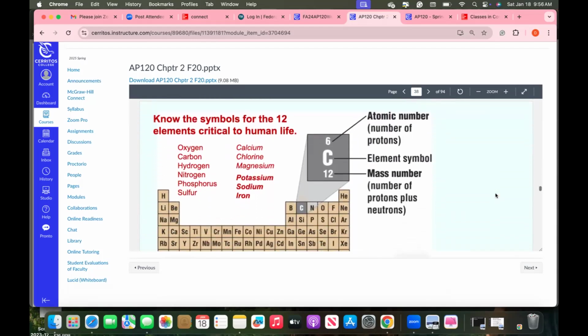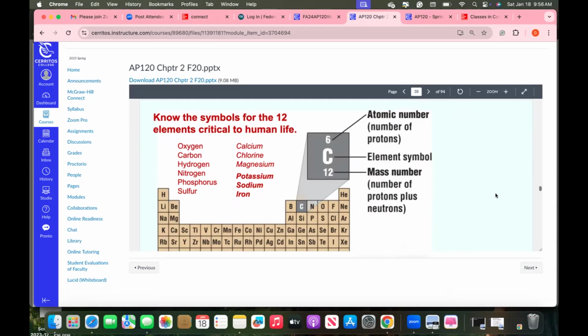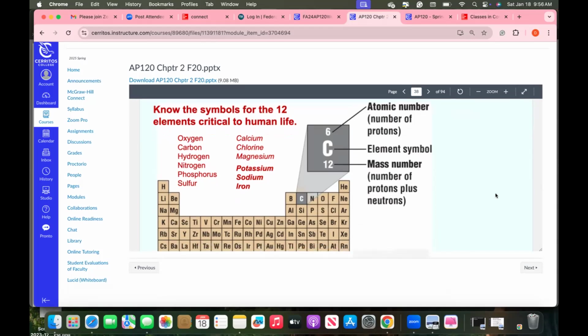Know the symbols for the 12 elements critical to human life. Oxygen is O. It's next to carbon. Carbon is over here. Hydrogen is on this first column at the top.